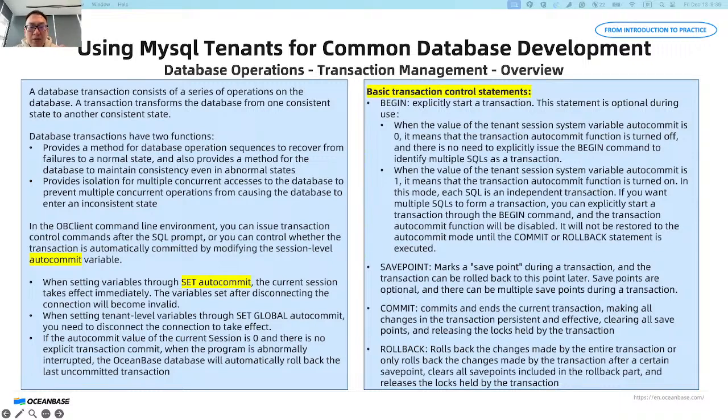If the autocommit value of the current session is 0, and there is no explicit transaction commit, when the program is abnormally interrupted, the OceanBase database will automatically roll back the last uncommitted transaction.